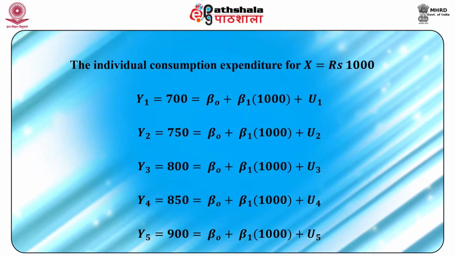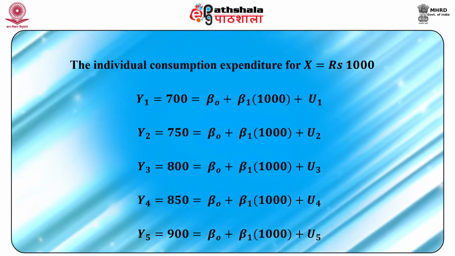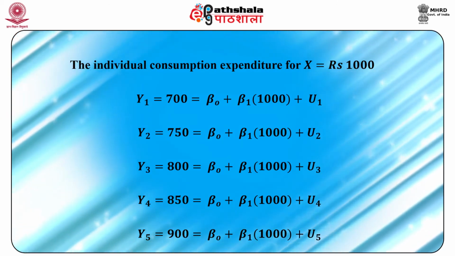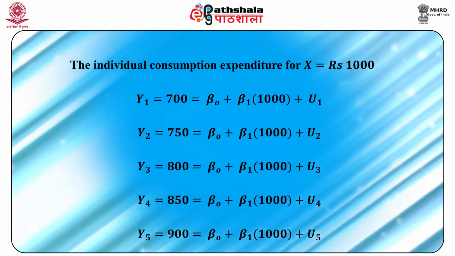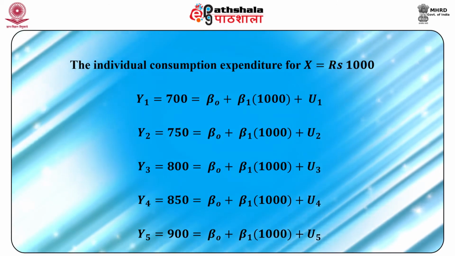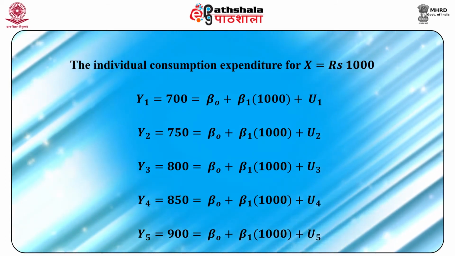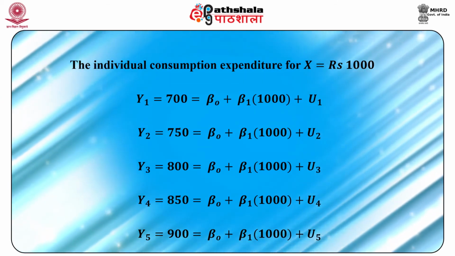Similarly, we can write down the value of y2 equal to 750 is equal to beta 0 plus beta 1 into 1000 plus mu 2, and so on. Now, all these values therefore can be written as a function of beta 0 plus beta 1 into the income level 1000 plus some kind of a random value. Now, how do we find out these random values? This we would also like to understand.